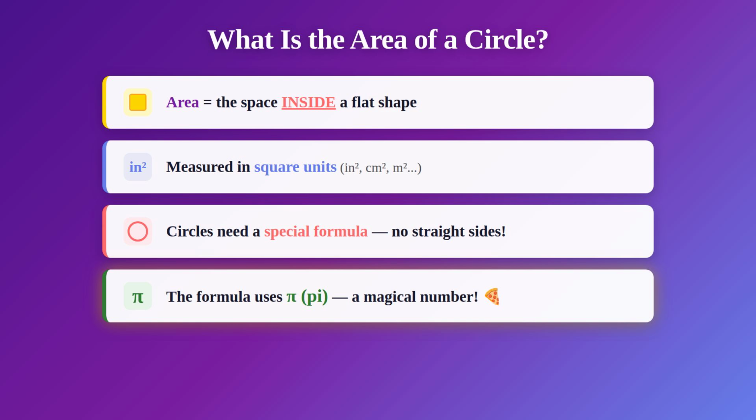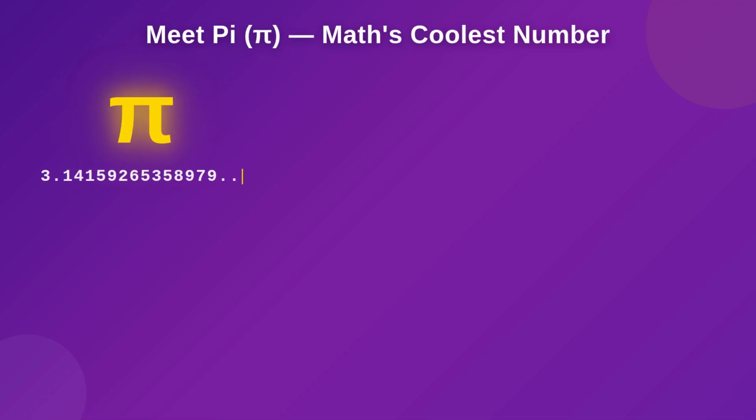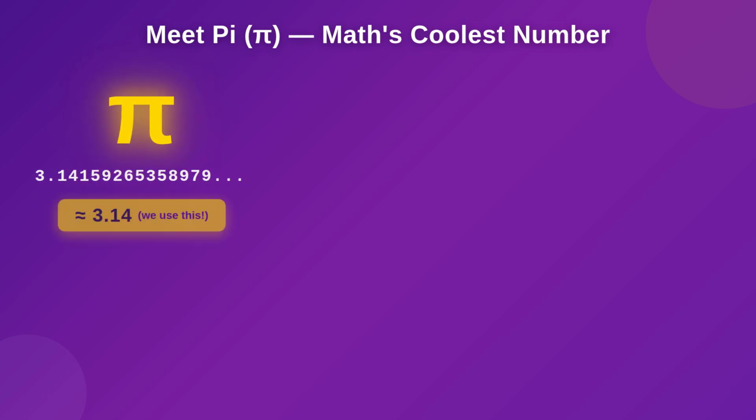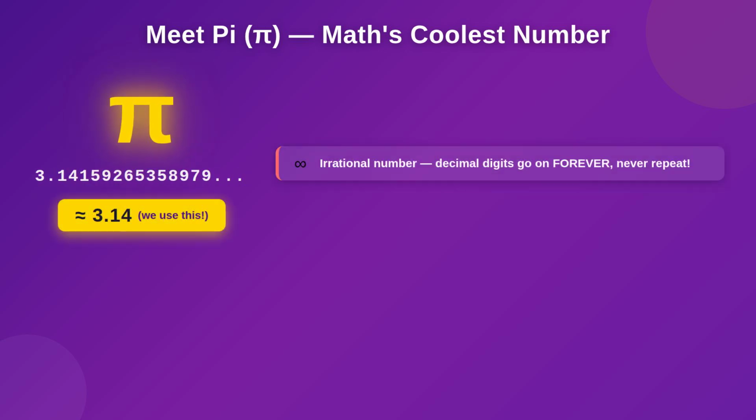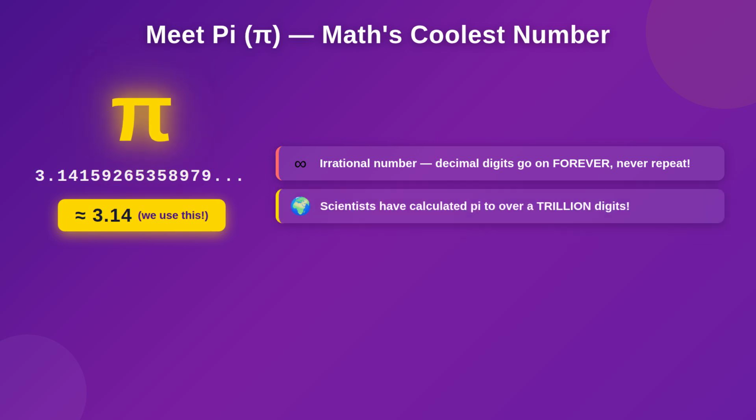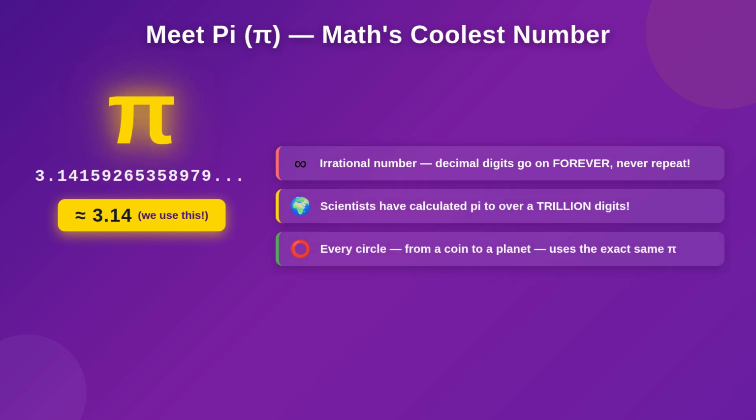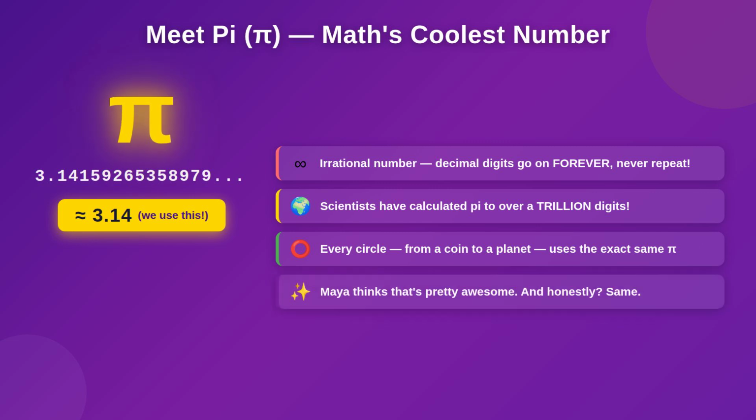Maya's ears just perked up. Pie? Like pizza pie? Kind of, yeah. Before we hit the formula, let's talk about pi. Pi is approximately 3.14. In school, we almost always use 3.14 as our value for pi. Here's the wild part.